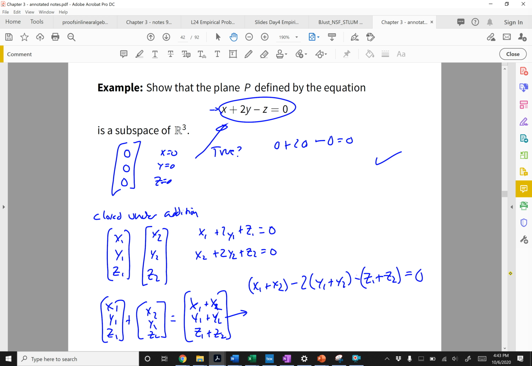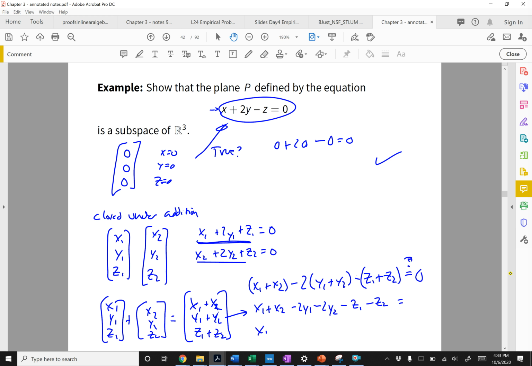Does that equal 0? Putting a question mark there, we're not sure. So let's see what this left side equals. Well, I'm going to distribute out and combine all the like terms. It would be nice to see if I can combine all the subscripts with 1s together and the subscripts with 2s. And so I get x1 plus x2 plus 2y1 plus 2y2 minus z1 minus z2. And still don't know what that equals yet.